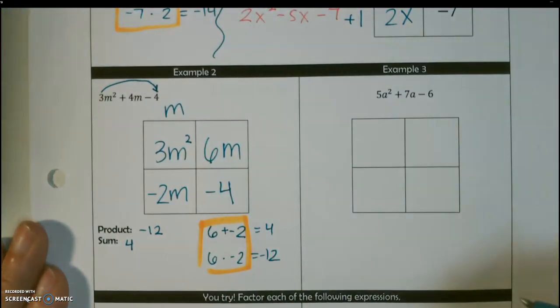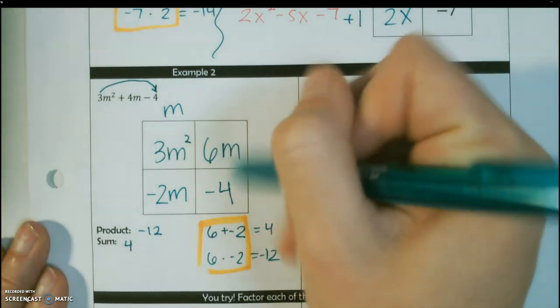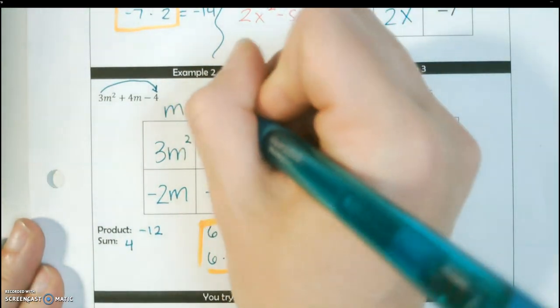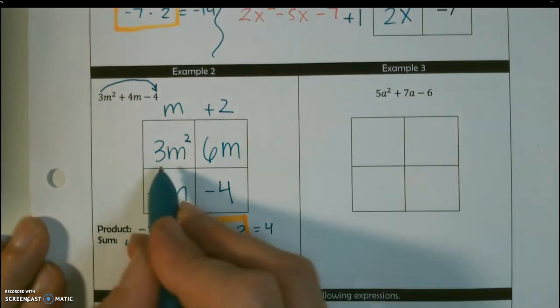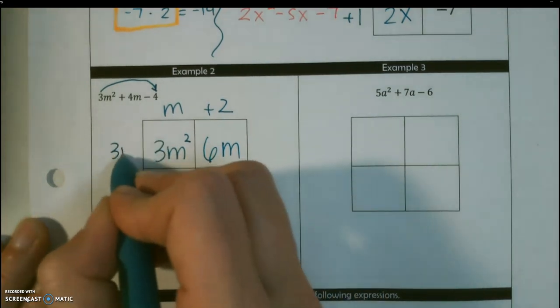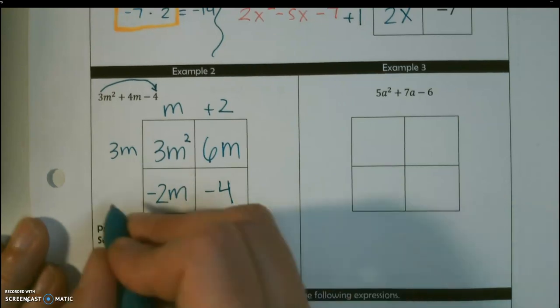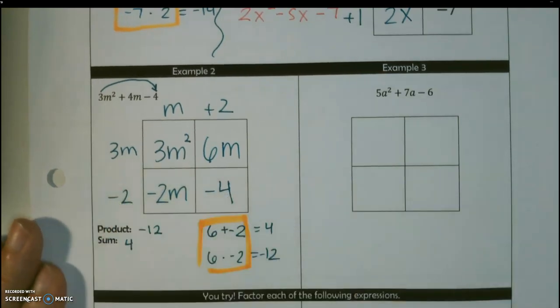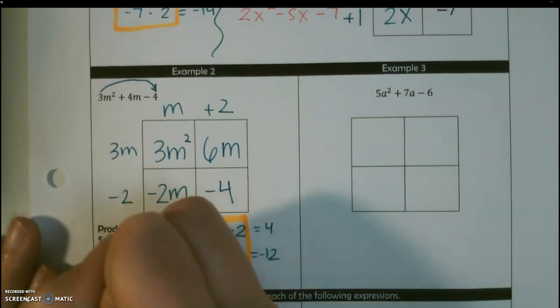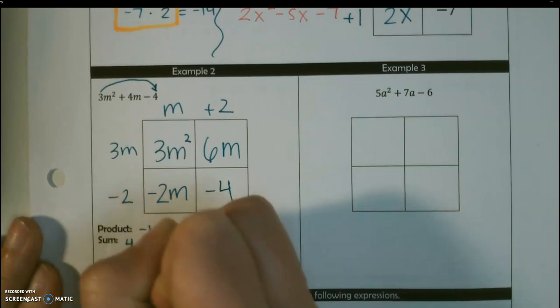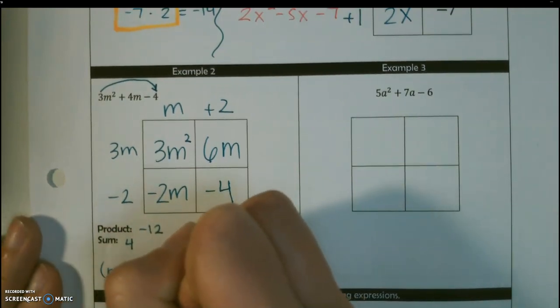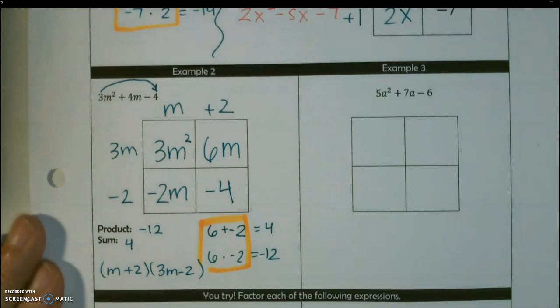Looks like you could take an m out. We'll take the GCF of this column. Looks like all you could take out is a 2. For this row, you could take out both a 3 and an m. This row has a leading negative, so we're going to take out a -2. So my final answer is m plus 2 times 3m minus 2.